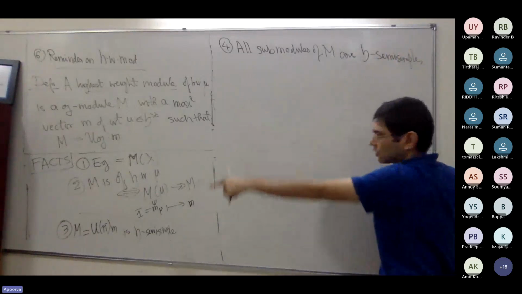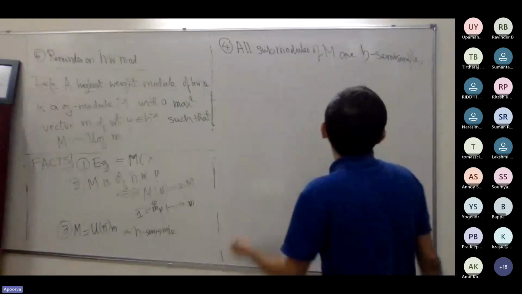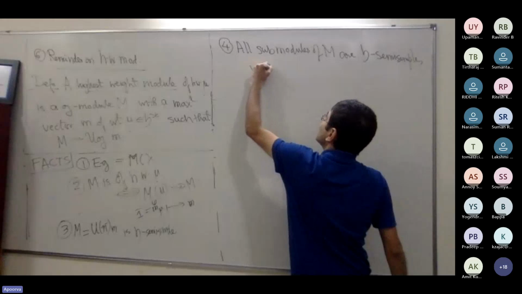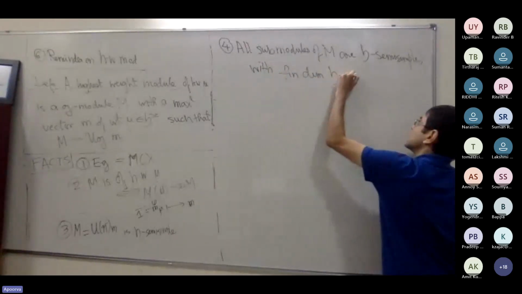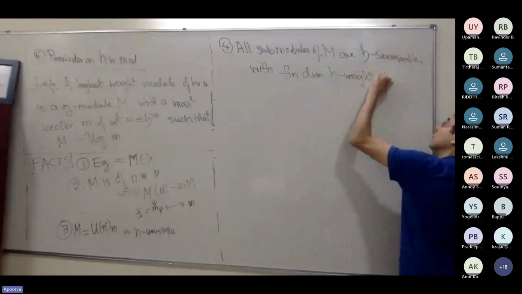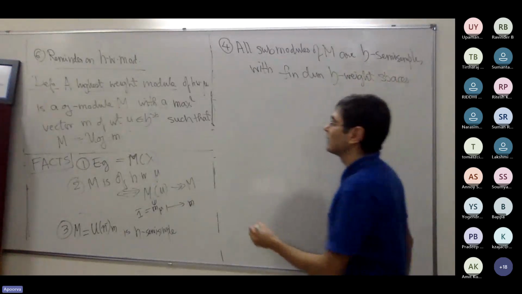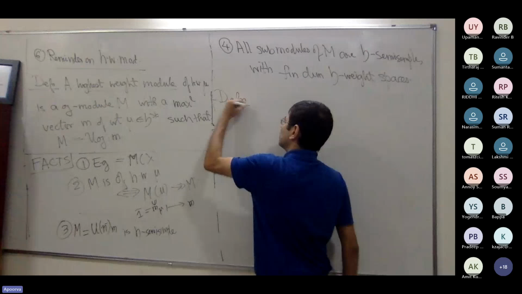And I should point out, I should actually have said it here already, but maybe I'll say it here, with finite dimensional H weight spaces. So maybe I should give a definition here, which will be very useful later.